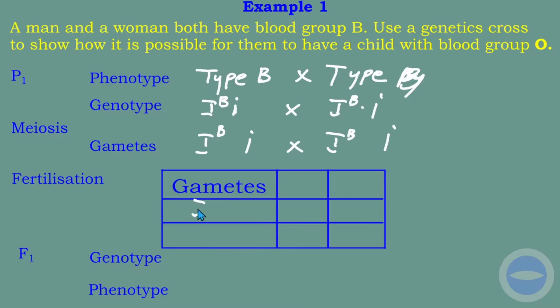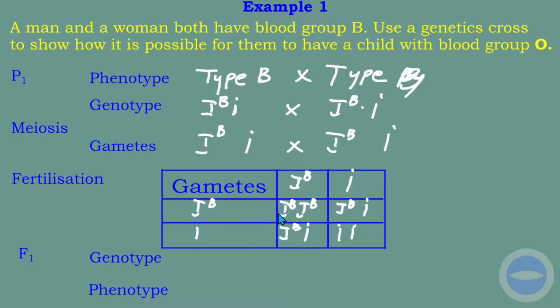Here we will have IB and i, and IB and small letter i. Now we fertilize, or multiply, these. So we'll have IB and IB, and IB and i. This side we will have i and i, while this side we have IB and small letter i.